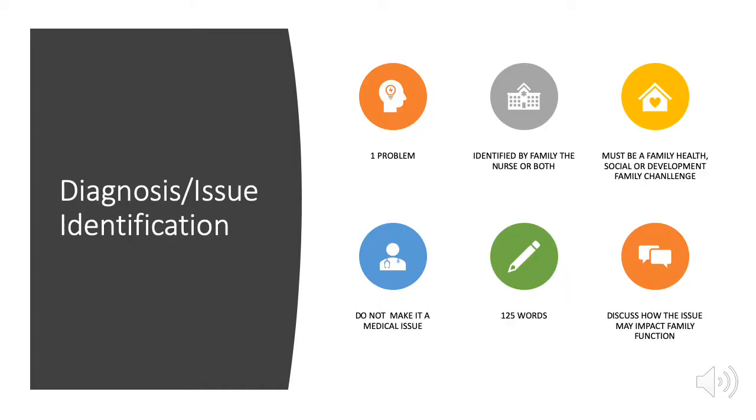So, moving on to the diagnosis of the nursing care process or the issue identification. What we're actually asking you to do is to identify a challenge or a problem that is experienced by the family or one of the family members. And we're wanting you to identify and describe that problem.